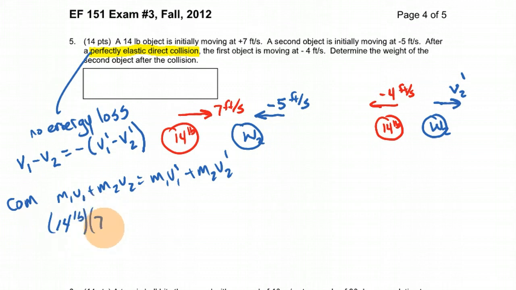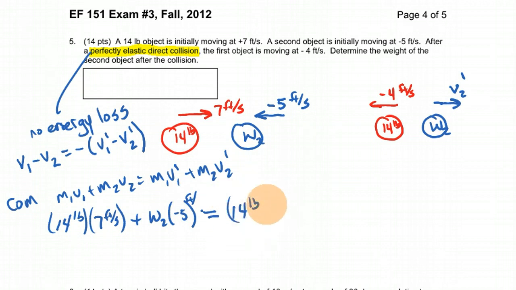We use positive right, plus W2 times -5, and that's feet per second, is equal to 14 pounds times -4 plus W2 V2 prime. So there's our two unknowns.